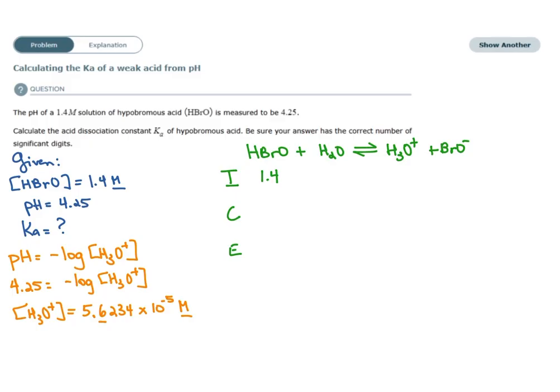And initially, I have almost 0 H3O+ and 0 BrO-. For my change, it's plus or minus the coefficient times x. So on the reactant side, I have only 1 HBrO, so minus x. And on the product side, I have 1 H3O+, so that's plus x, and plus x for BrO-. Go ahead and add initial plus change for my equilibrium.